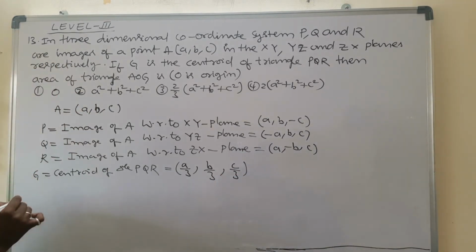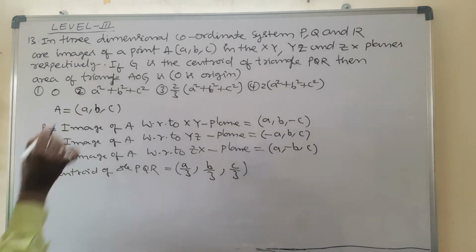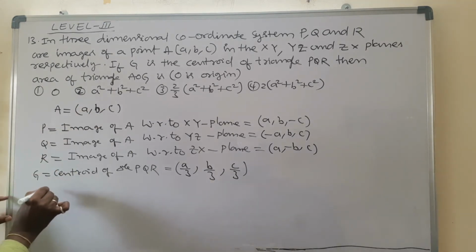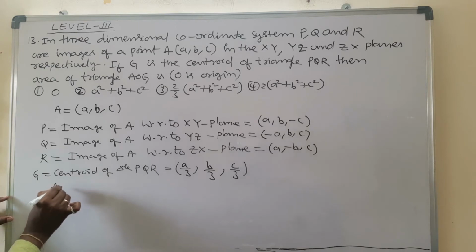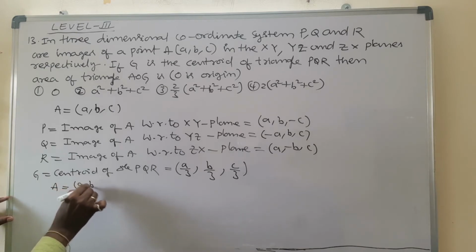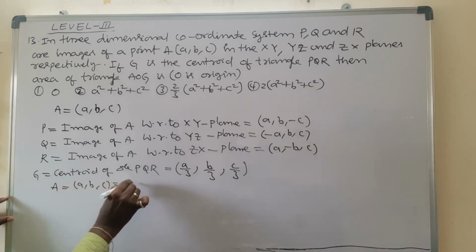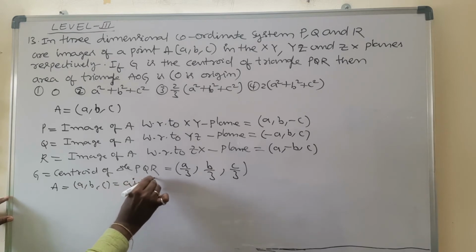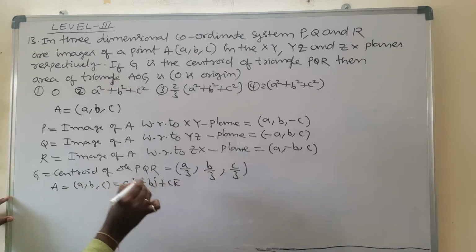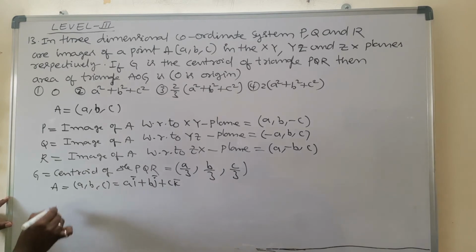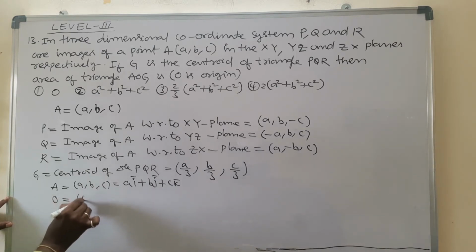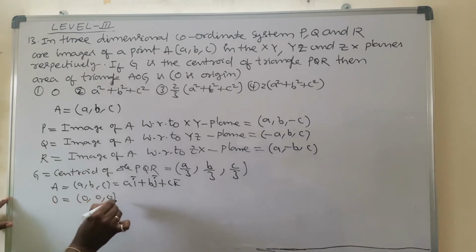Now to find the area of triangle AOG: capital A is A, B, C, in vector form AI, BJ, CK. O is the origin 0, 0, 0.